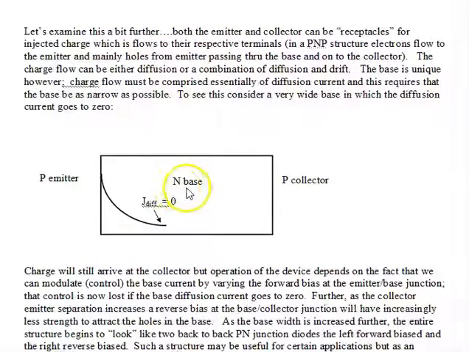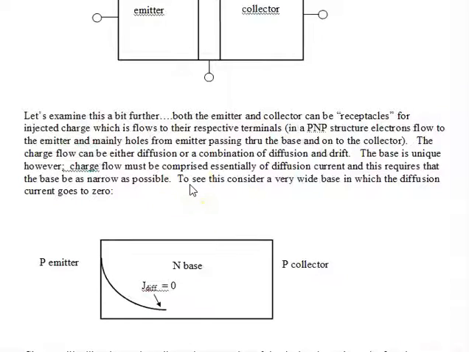However, if I have a wide base or a very small tau, the time that it takes to recombine, this diffusion current will drop off very quickly and essentially go to zero, and the current will be picked up by drift. So at this point, actually, I should have perhaps said, instead of the differential current density, the excess charge concentration.